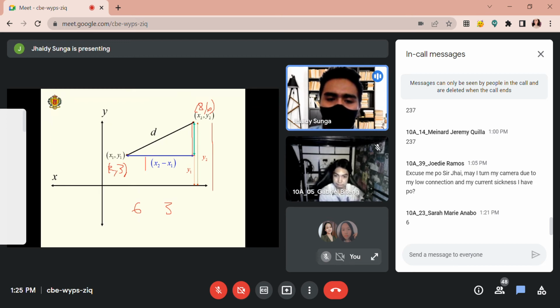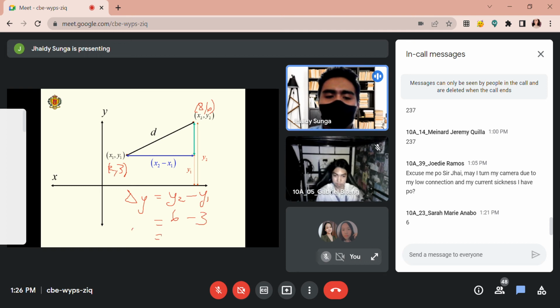But then this is 3. So if you will minus, if you are to find this part, you are to minus this part, right? So what will be the value? The value would be, obviously, it will be 3. No? So we are to have the delta y. So we are to have the y sub 2 minus y sub 1 is equal to 6 minus 3.